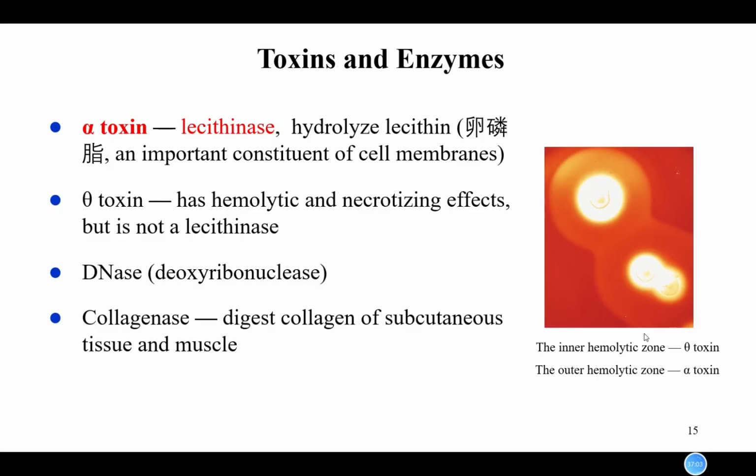And collagenase, which digests collagen molecule, the protein collagen of the subcutaneous tissue and muscle. Based on this, alpha toxin, theta toxin, DNase, and collagenase, we know that perfringens should be invasive, right?